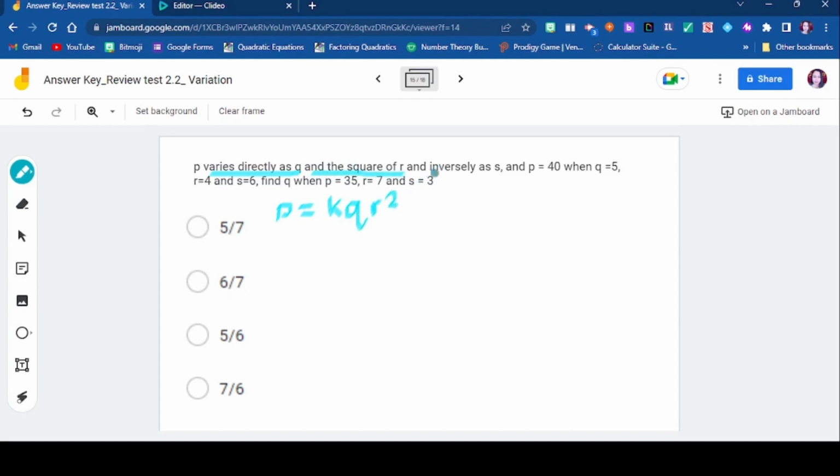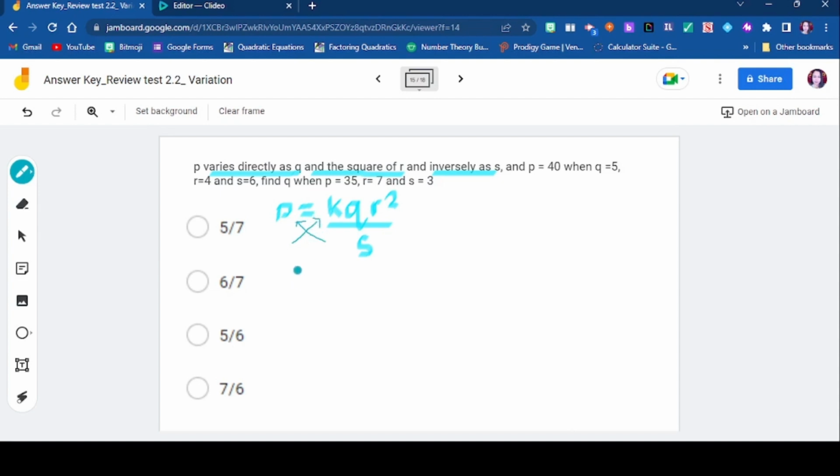Then it says there inversely as S, so therefore we are going to divide both sides by S. Since we are looking for Q, we have to apply cross multiplication.